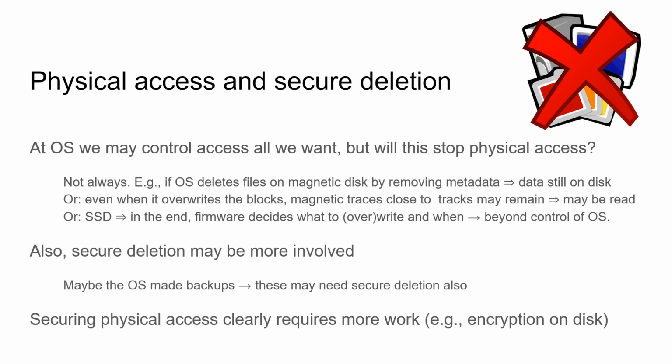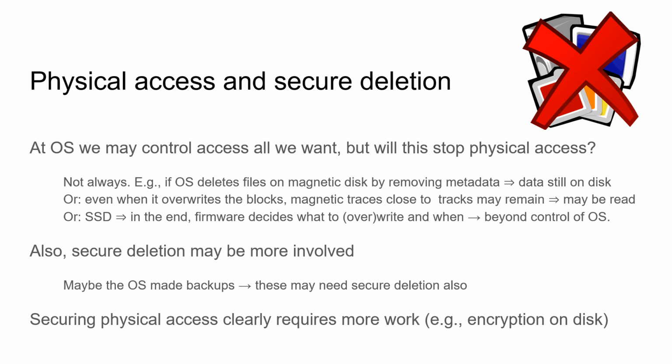Moreover, it may be that the file is deleted, but the data is still there. Perhaps the operating system only removed the metadata from the file system so that it can no longer access it via the file system, but the data, if it's a magnetic disk, in terms of magnetic traces, is still there on the physical disk.